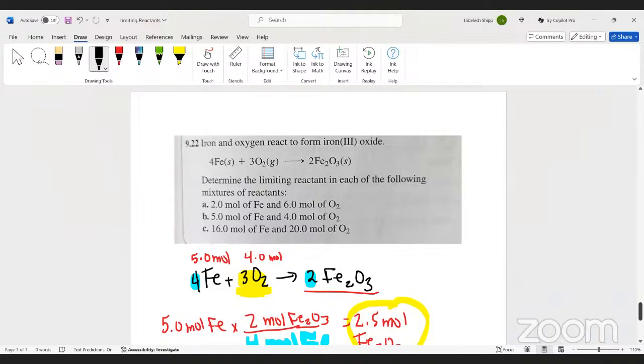You're welcome. You are so welcome. Okay, good. Let me see. Le Chatelier's principle. Let's see what pops up.